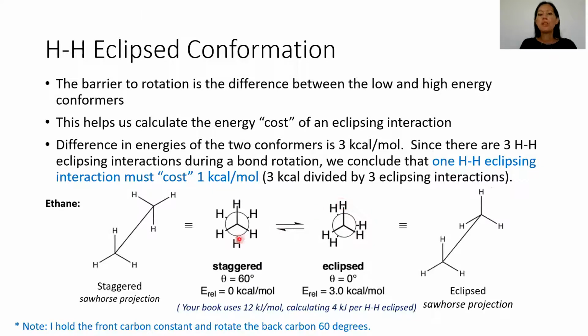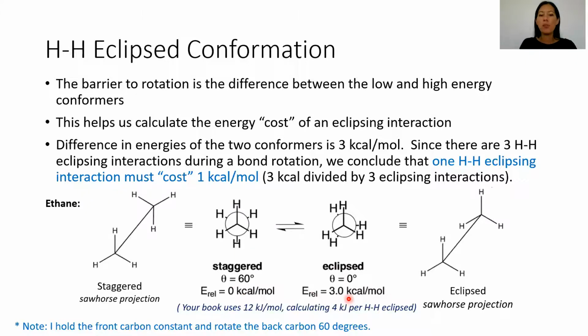But what we could do is just do some calculations, find out that the energy to go between these staggered and eclipsed is 3 kilocalories per mole. Say this is the lowest energy conformer. I'm going to just say that's a baseline of 0. This high energy one is 3 kcals. So we can calculate that.